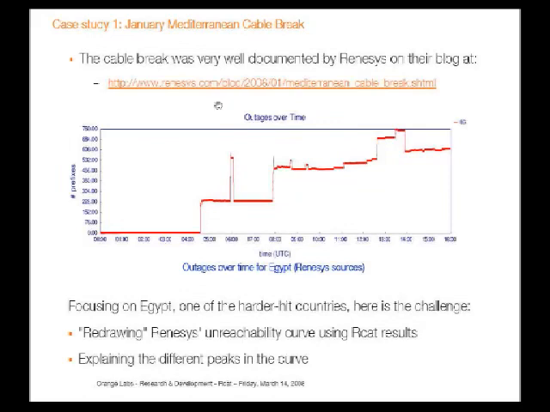Especially, they provided this curve, which shows the number of Egyptian networks which became unreachable during the day of the cable breaks. So here is a challenge. We're going to try to redraw this curve using only Rcat results, and we're going to try to explain what the different peaks in this curve correspond to.